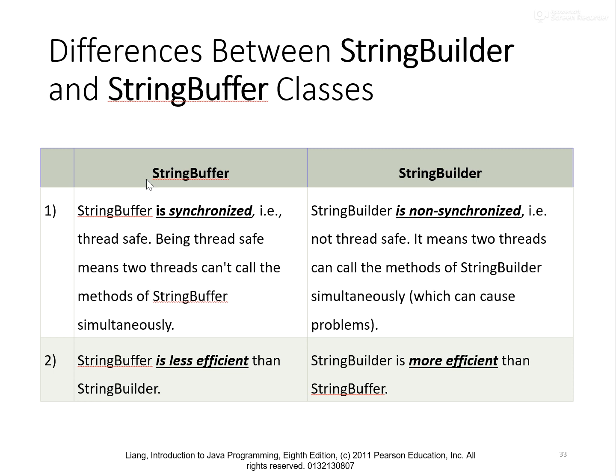I'm going to upload this together with the updated lecture slides for strings and text I/O. The difference is that as long as your program consists of a single thread, there's really no difference.